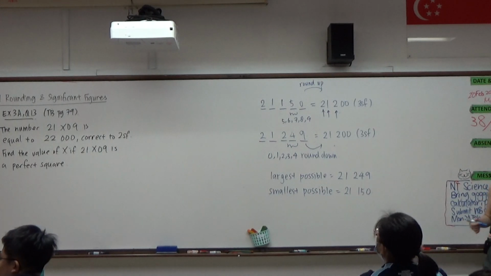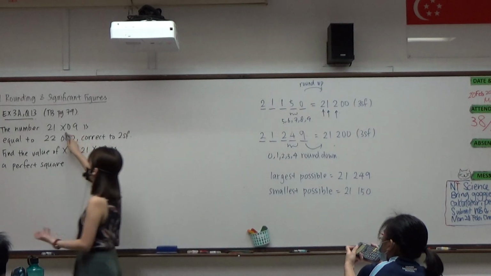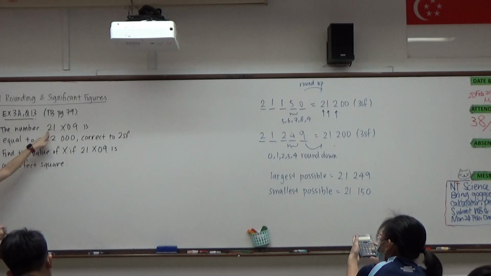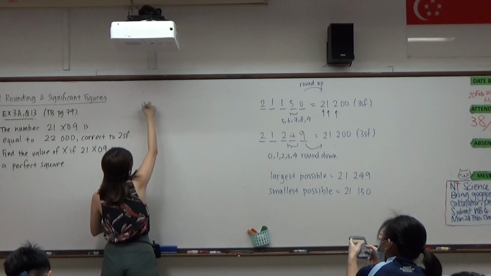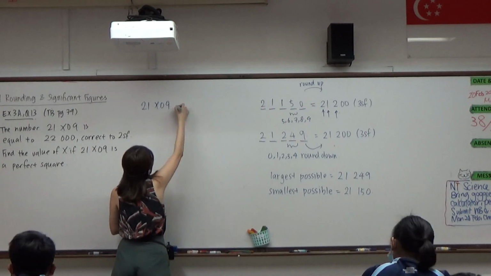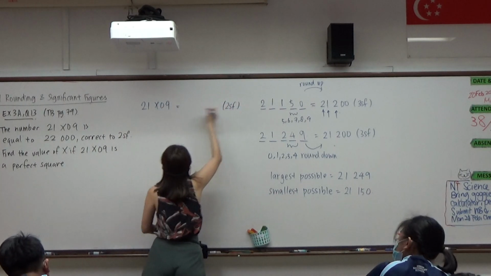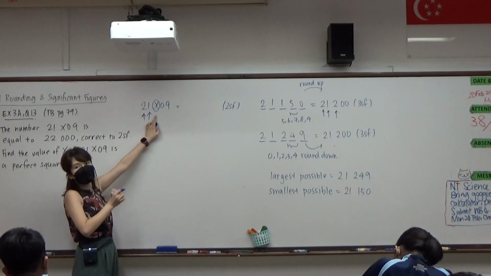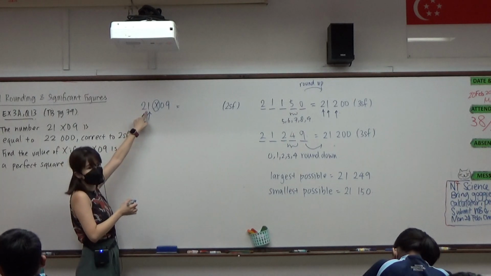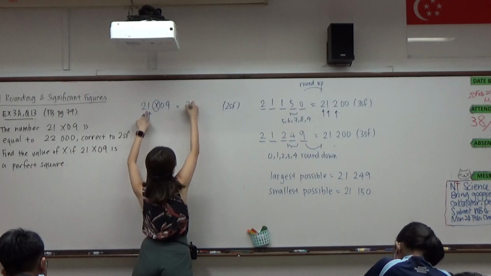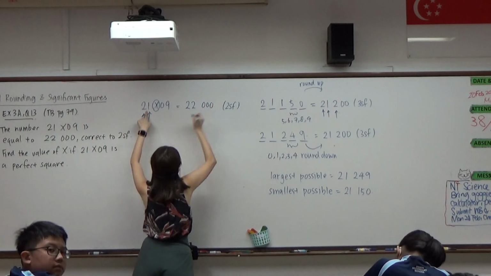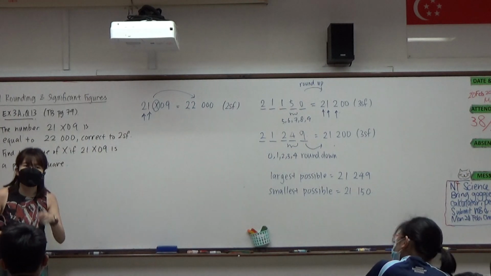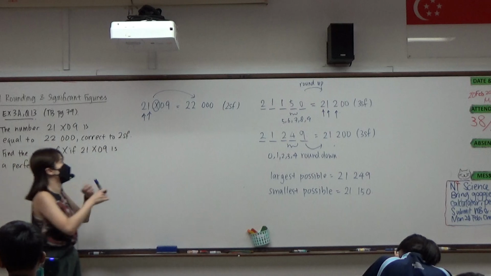It says that the number 21x09, we don't know what is x, is actually equal to 22,000 after it's been rounded off to two significant figures. So with 21x09, if I want to round off to 2sf, I will look at the first, second digit. This x over here will influence the way we round up or down, okay, for the 1. But since I know it is going to be 22,000, it means that my process over here is a rounding up or rounding down process. It's a rounding up process, right?